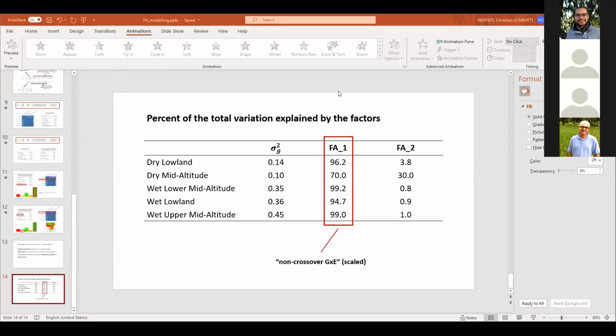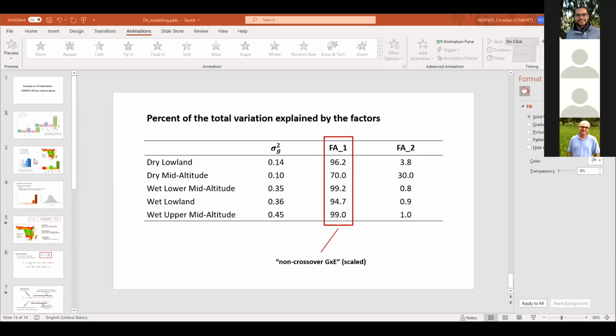Those maturities are different. So I just want to know from you, is it the same hybrid which is evaluated across those 5 mega environments, or are there different sets of trials? That's a good question. Christian, yeah, let's go ahead.